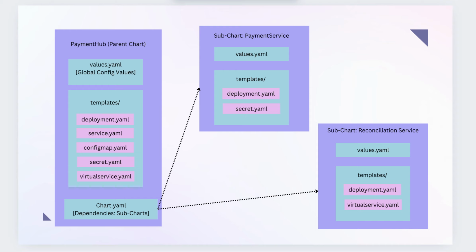This diagram illustrates the Helm chart structure for Cloud Native Payment Hub used to deploy microservices on Edge Azure Kubernetes Service AKS with Kubernetes 1.24.